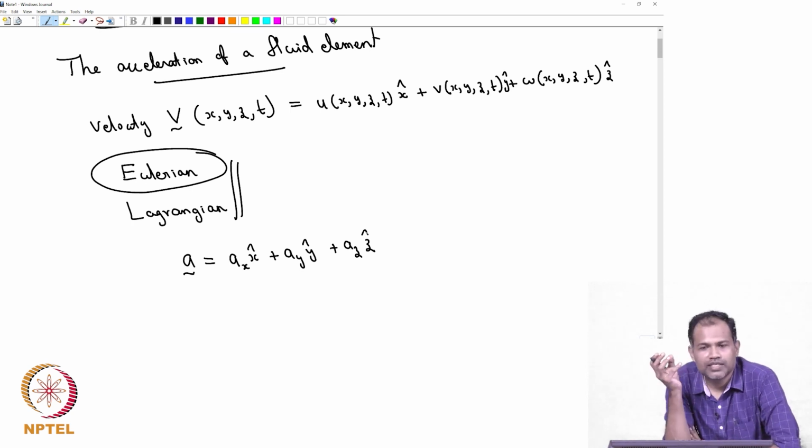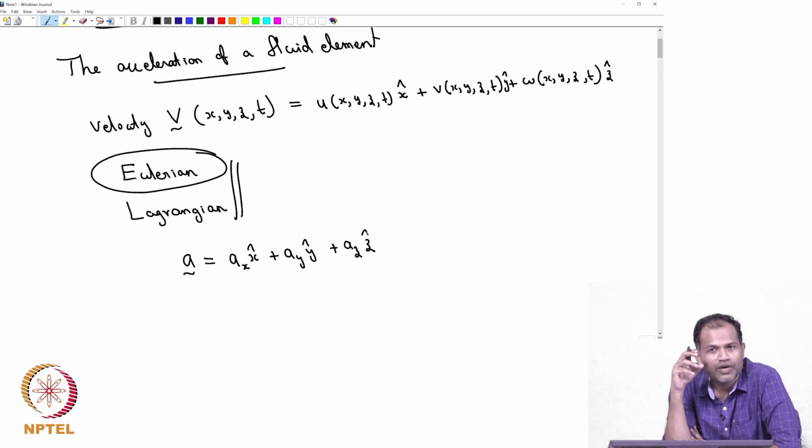Now, let us say you are throwing a stone and you are trying to follow the stone, which becomes the Lagrangian approach, in which case it is very easy to calculate the acceleration, because you will find out how much the velocity changes in time when you are looking at the stone. So, that is how you will calculate the acceleration.